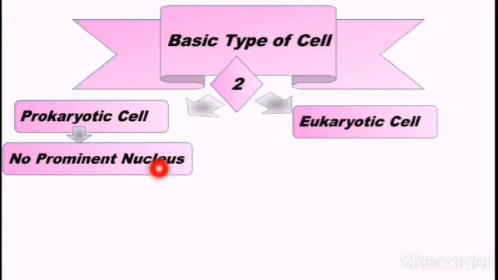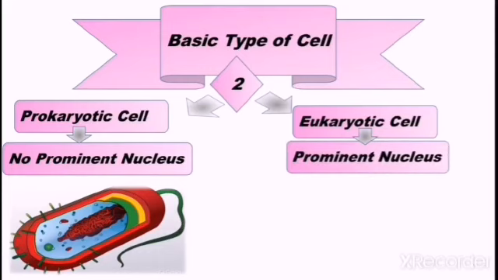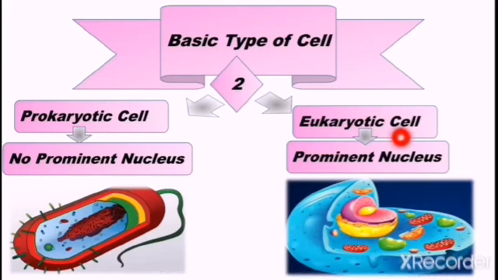Because their nucleus is not bounded by nuclear envelope. For example, bacteria. And what is eukaryotic cell? Eukaryotic cell is the cell that has a prominent nucleus. Why do they have a prominent nucleus? Because their nucleus is bounded by nuclear envelope. For example, animal cell. These two are the basic types of cell.